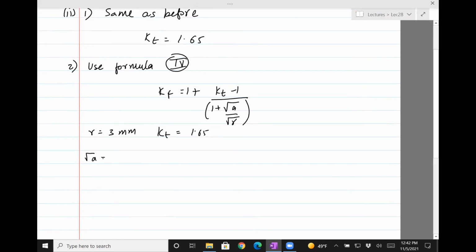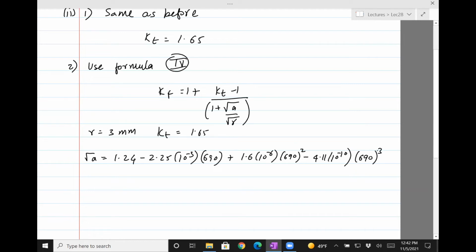So square root of A is 1.24 minus 2.25 times 10 raised to negative 3 times SUT, which is 690, plus 1.6 times 10 raised to negative 3 times 690 squared, minus 4.11 times 10 raised to negative 10 times 690 cubed.